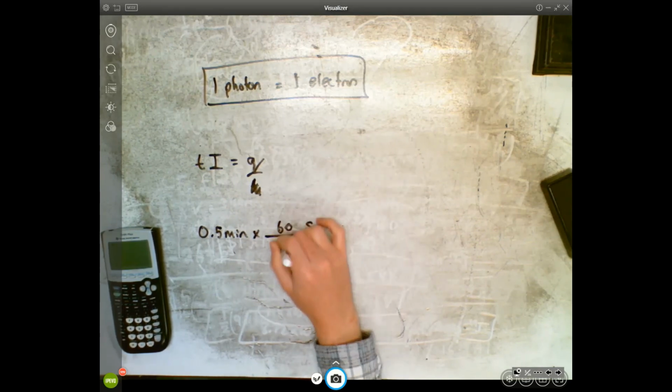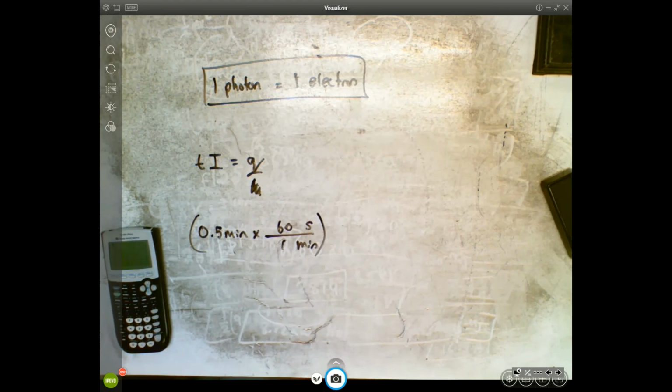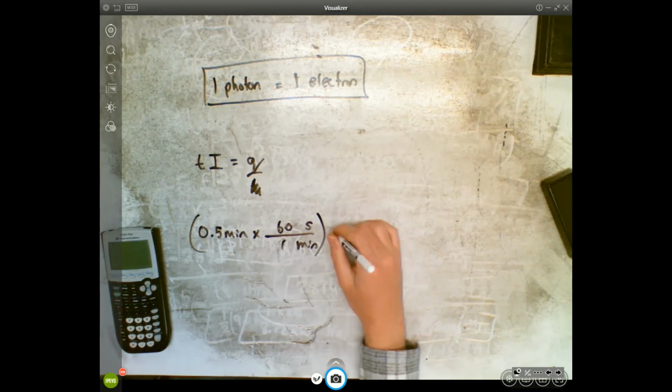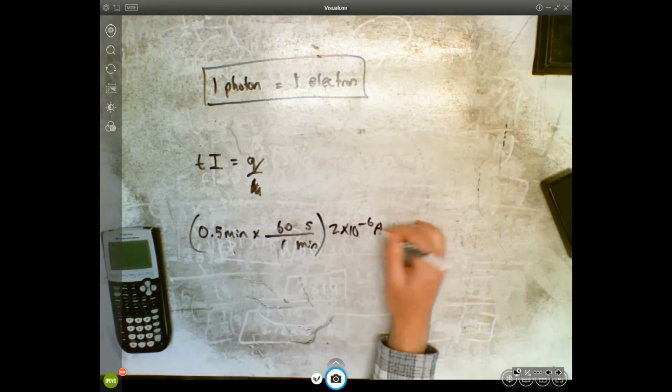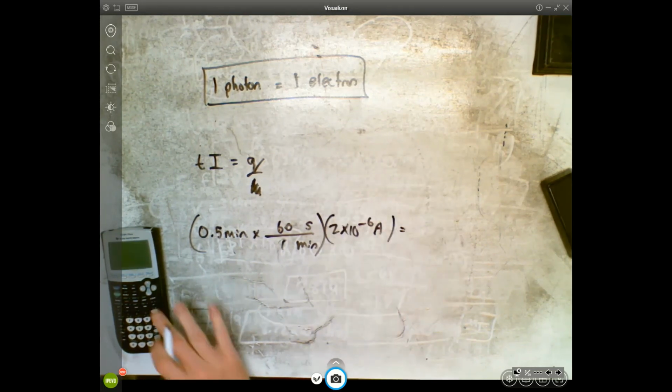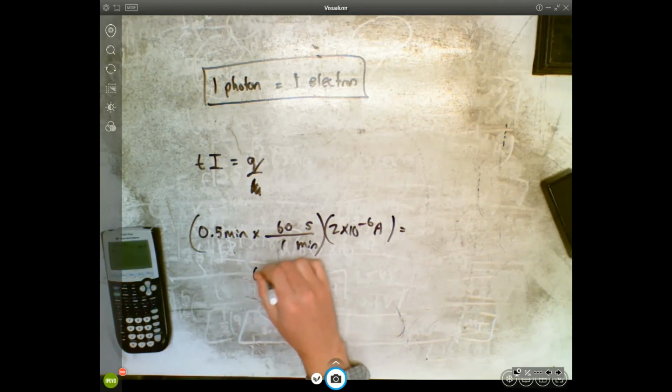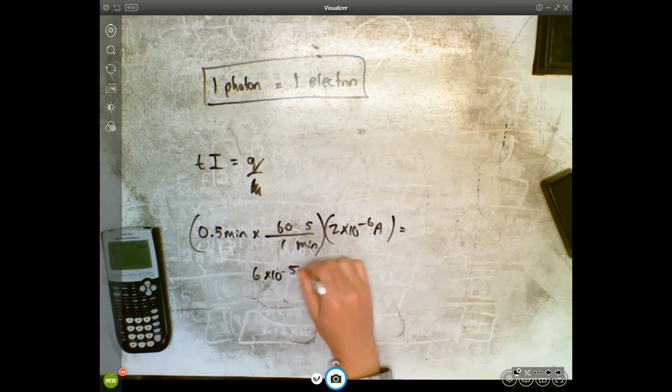There's 60 seconds in 1 minute, so I could have done that in my head, that's 30 seconds. And then our current is 2 times 10 to the negative 6 amps. And when we do that, what we end up getting is 6 times 10 to the negative 5 coulombs.